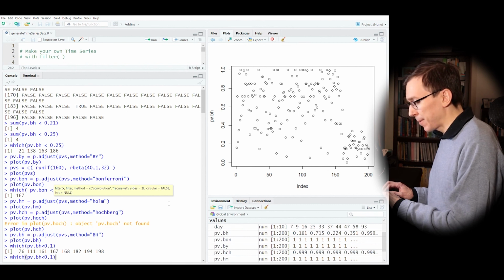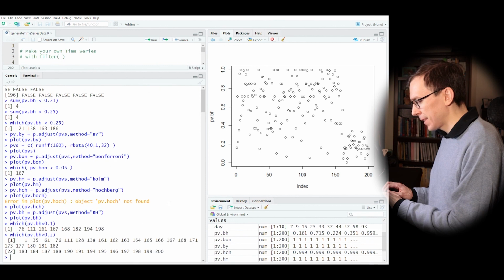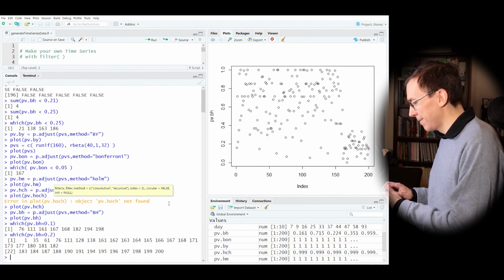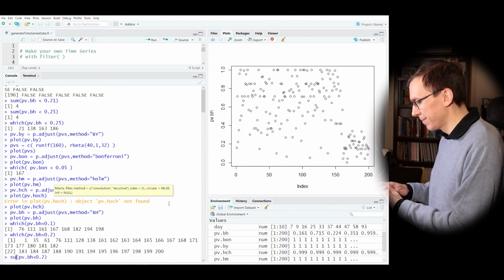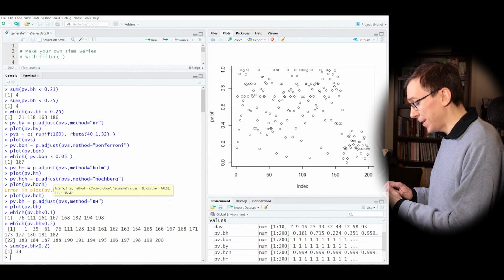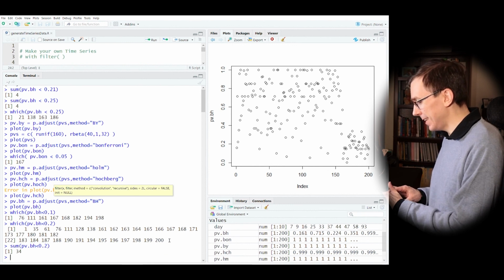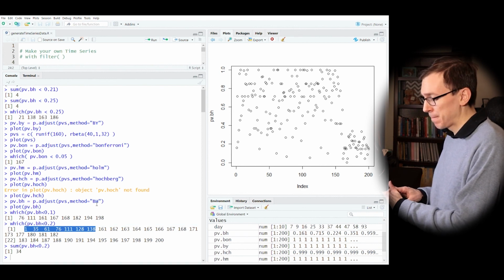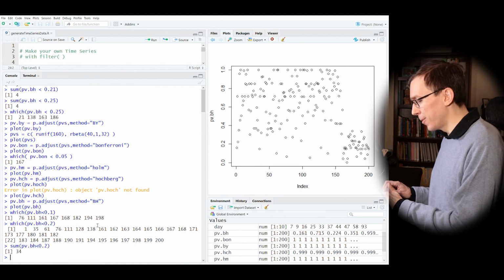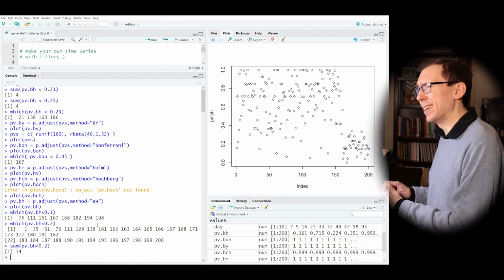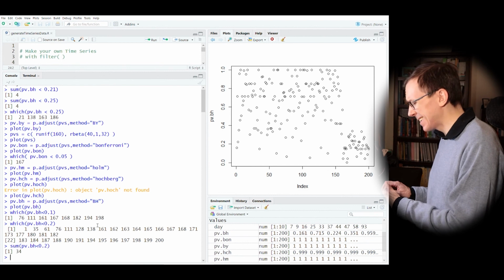And you can change that threshold too. If you want 20, we say, wow, now we have a lot. I don't know, so many that I don't really want to count them all. So we'll just sum it and get 34 rejections. That's kind of neat. And how many false ones do we get? 1, 2, 3, 4, 5, 6, 7. So 7 out of 34 are false, which is about 1/5, slightly less.